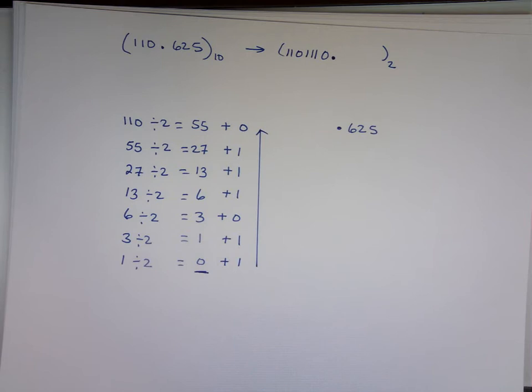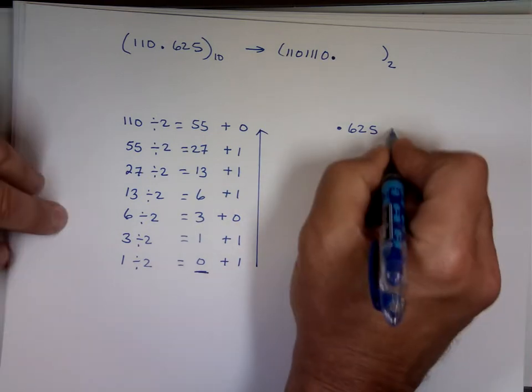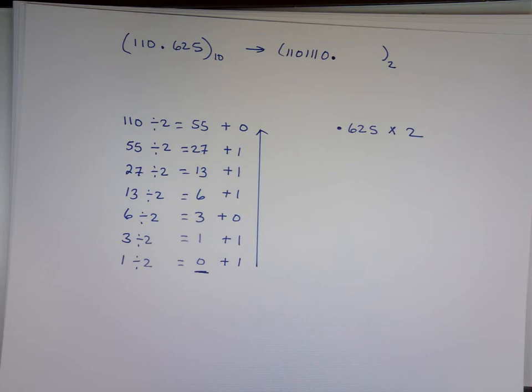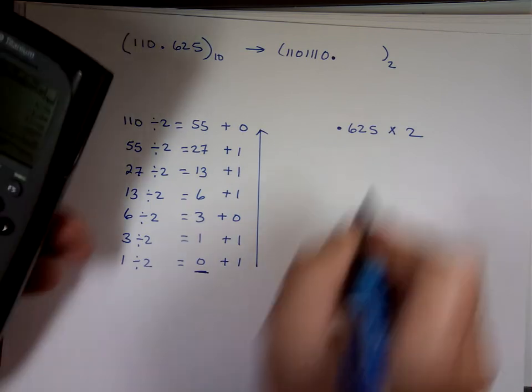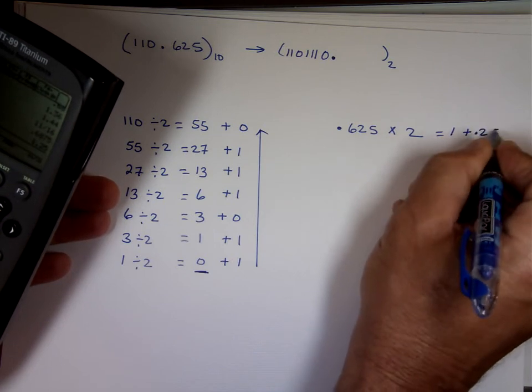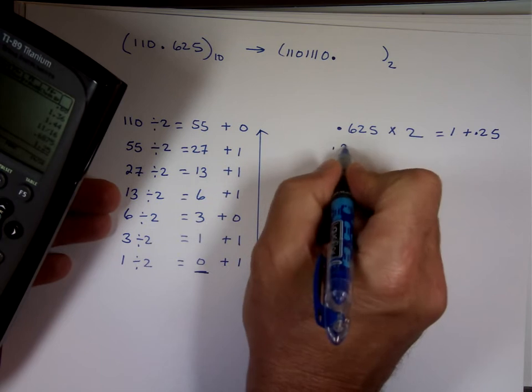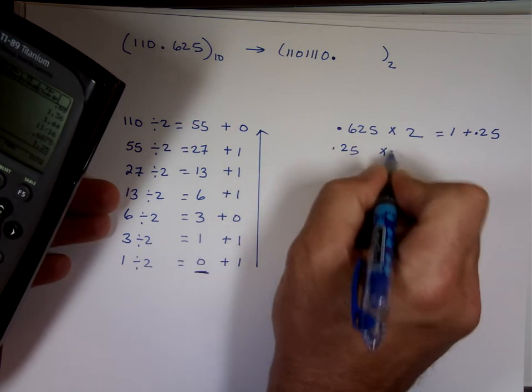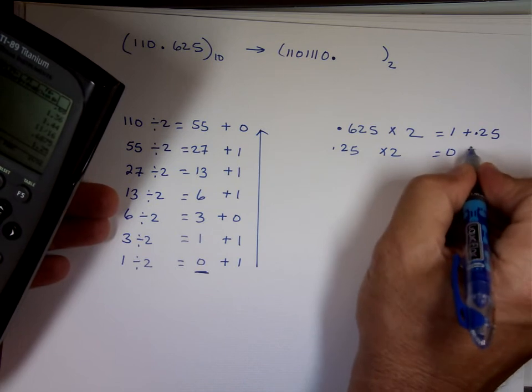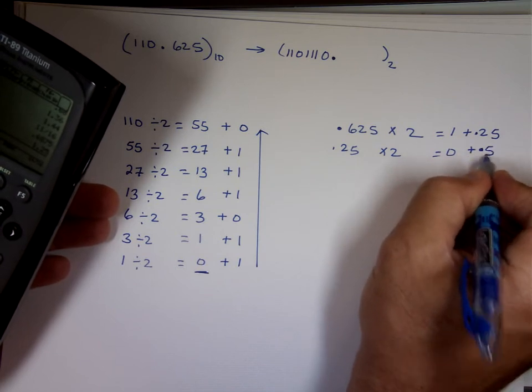Now the decimal portion, you multiply by 2. 0.625 times 2. 1.25. 1 plus 0.25. 0.25 times 2. 0.5. 0.5 times 2.